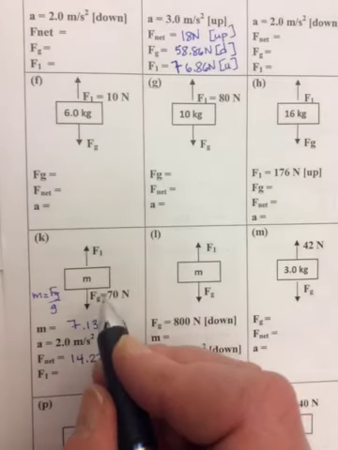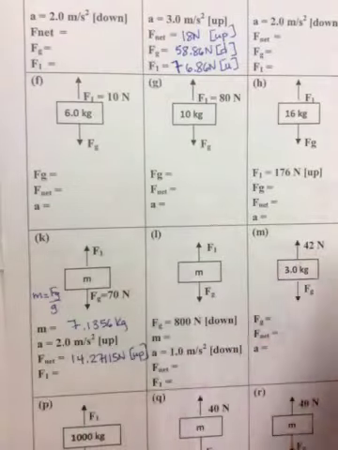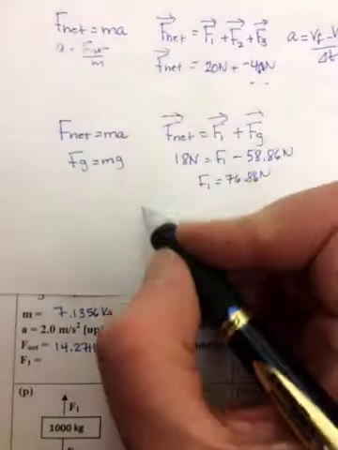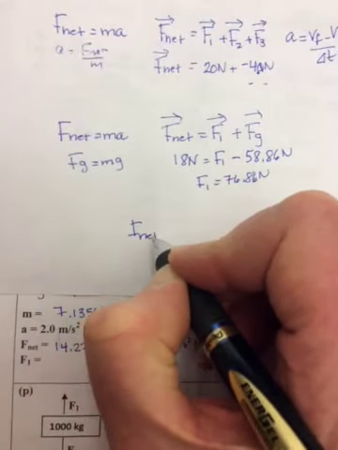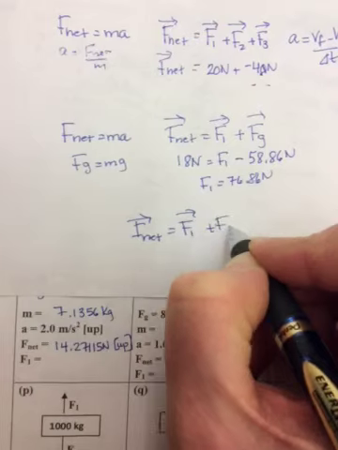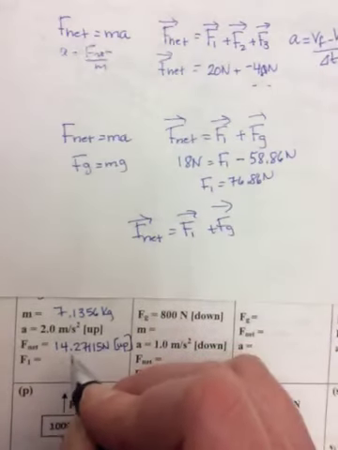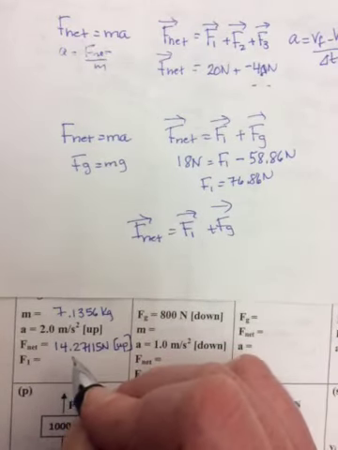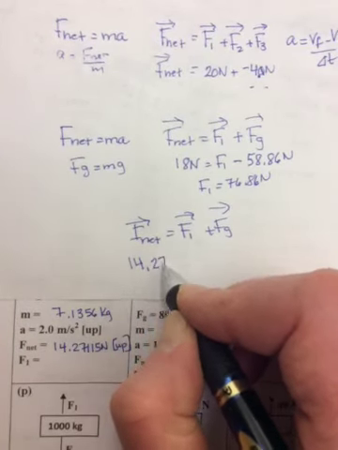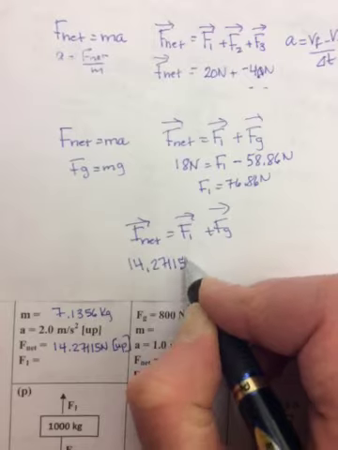Once you have your Fnet, you have your Fg, you can find your F1. Just going to pull a piece of paper down here to do this. So again, it's Fnet as a vector is equal to F1 as a vector plus Fg. Fnet was going up, 14, so it goes in as positive 14.27115 newtons.